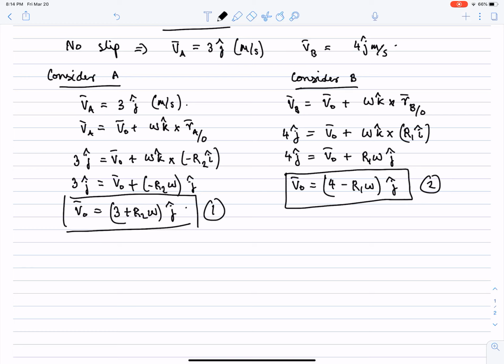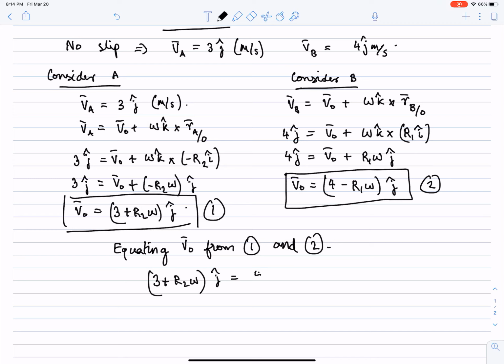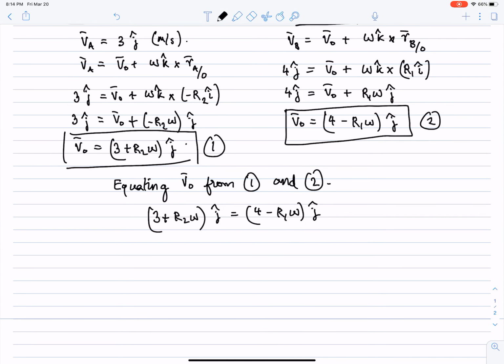Let's do that. So equating V naught from 1 and 2, we have 3 plus R2 omega j equals 4 minus R1 omega j. You can sort of ignore the j's.